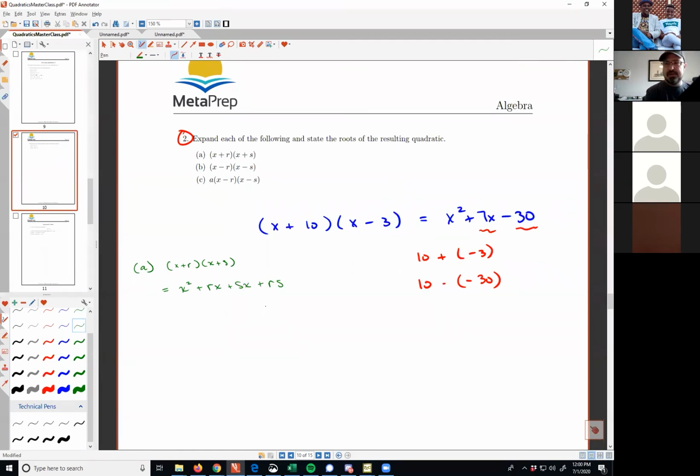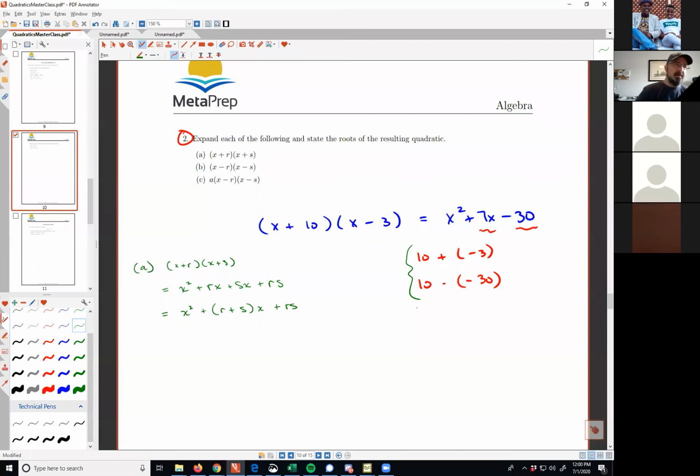Have I done that correctly? Yes. And we could also write this as x squared plus (r plus s)x plus rs. And that's what I'm doing over here. So if we unmultiply, then we're factoring. And we can play with the numbers until we make them right. And some of that's going to require some number sense.